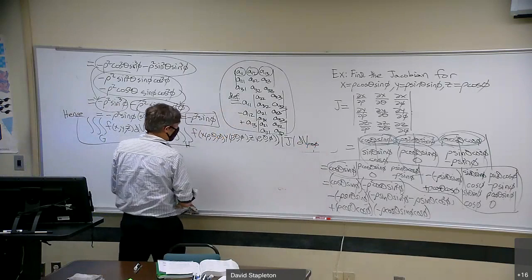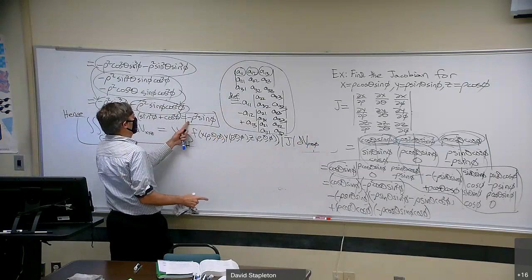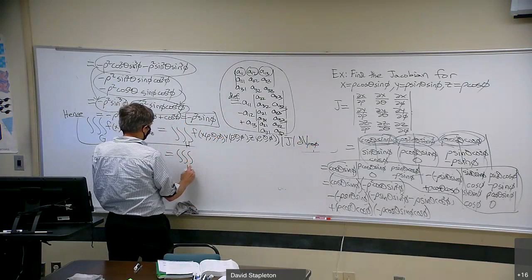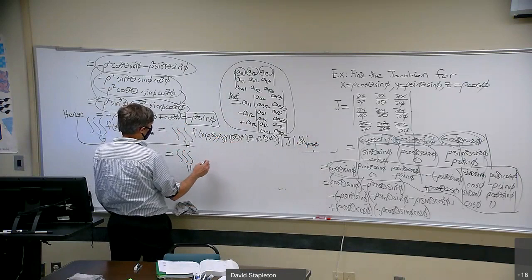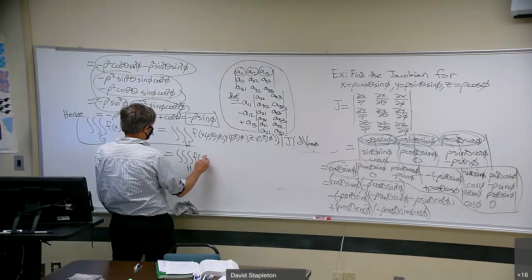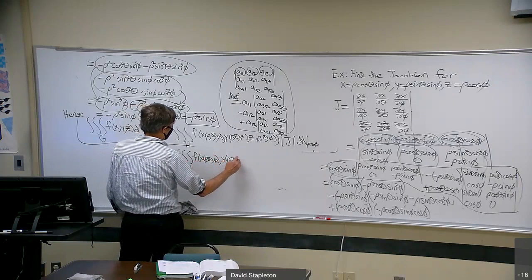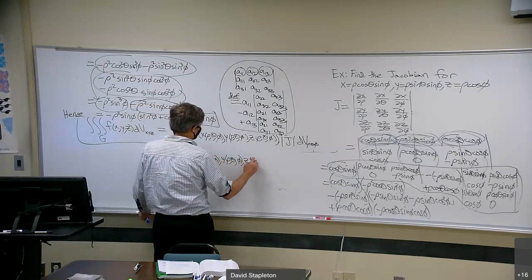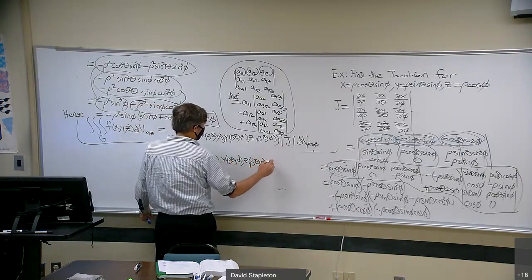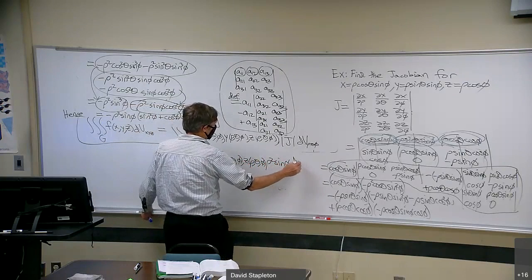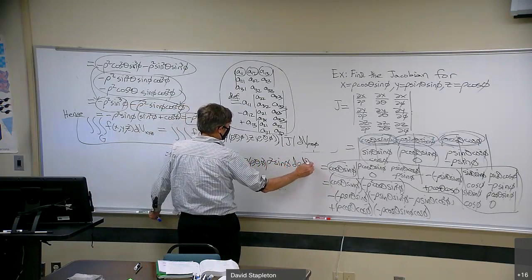Well, what's that? The absolute value of this Jacobian just takes away the minus and you get a triple integral over the region that you're in, in spherical coordinates, of F of x of rho theta phi, y of rho theta phi, z of rho theta phi, times rho squared sine phi, d rho d theta d phi.